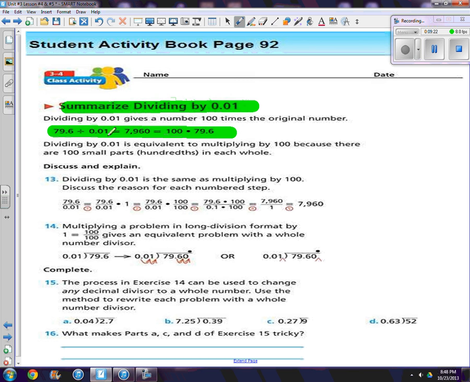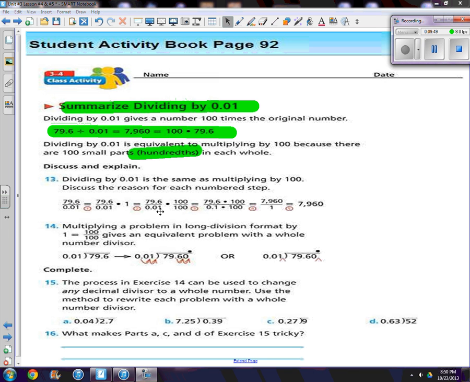Before, when you moved it 1 place to right, it was 10. Now it's 100. Okay? So if you go down here a little bit further, dividing by 0.01 is equivalent to multiplying by 100 because there's our 100 small parts or hundredths in each value. All right, so again, here's this problem number 13, 79.6 over 0.01.